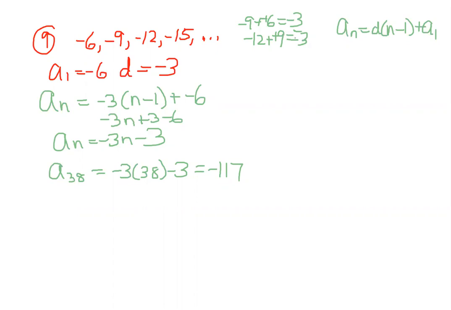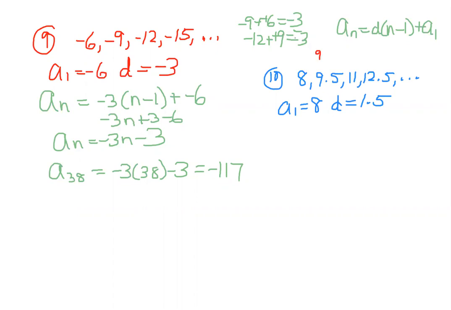And let's look at number 10. We've got 8, 9.5, 11, 12.5, and so on. A1 is 8, D is 1.5. We're going to find that by saying 9.5 minus 8, or 11 minus 9.5, and so on.